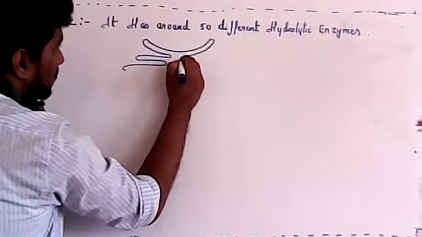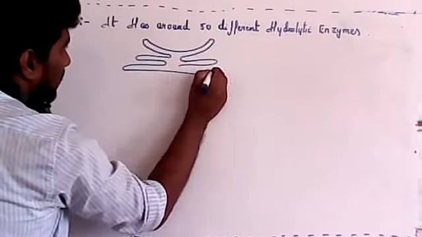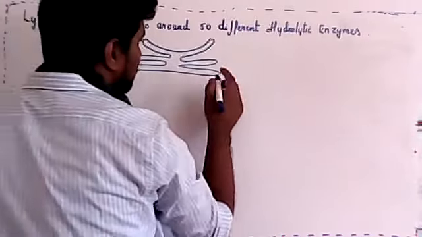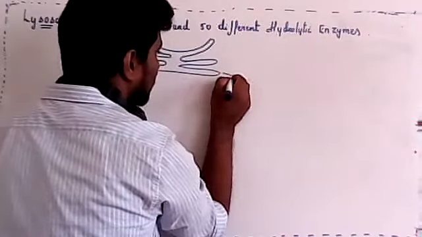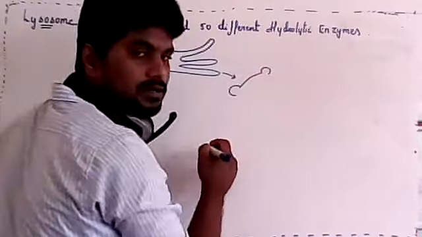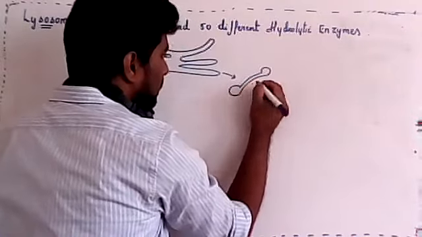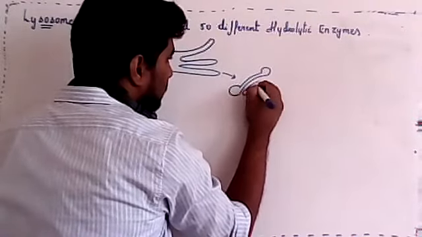This endoplasmic reticulum will be closely attached to the nuclear membrane. Next after this is the Golgi complex, which is closely associated with the endoplasmic reticulum. So this Golgi will be present next.